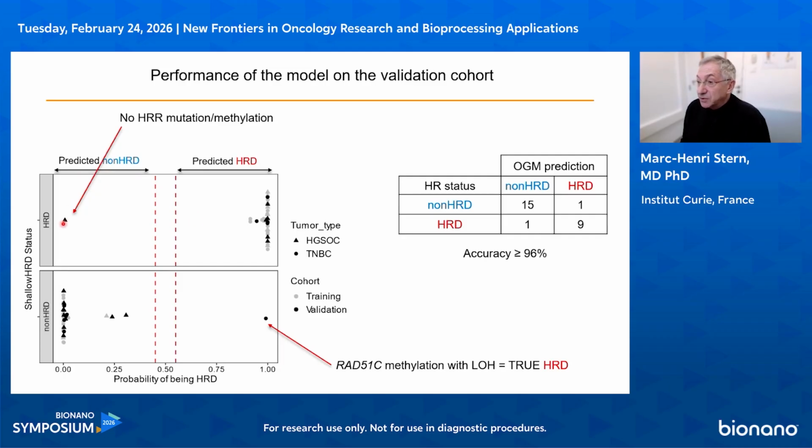For the other case, predicted non-HRD by the OGM and HRD by the standard method, we found no mechanism associated with HRD. However, there is no ground truth available, so we don't know who is right. Is it the standard prediction or the OGM prediction? This leads to an accuracy of the OGM prediction of at least 96%.